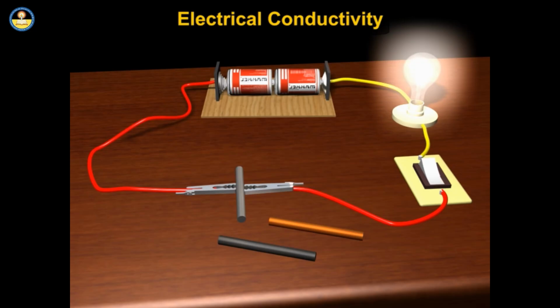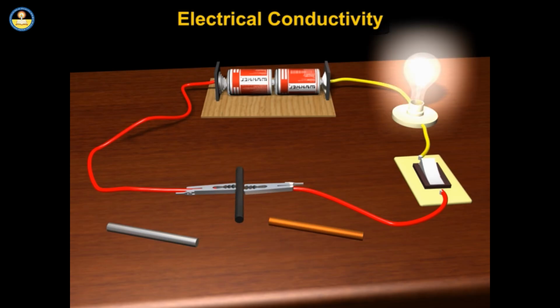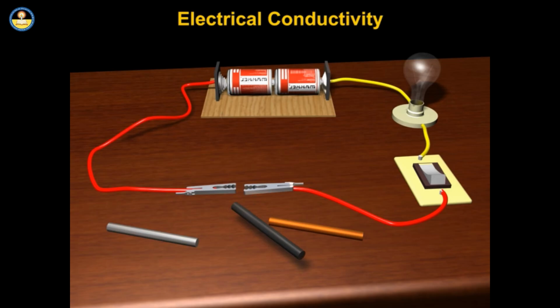When the strips of different metals like aluminium, iron or copper are put between the terminal clips, the bulb glows on completing the circuit. So, we conclude that iron, copper and aluminium are good conductors of electricity.